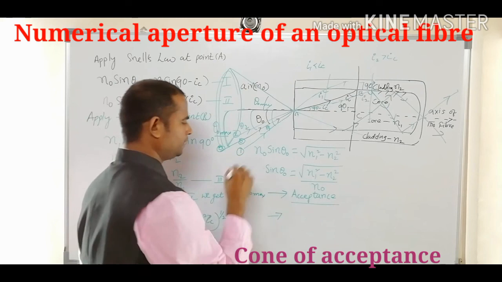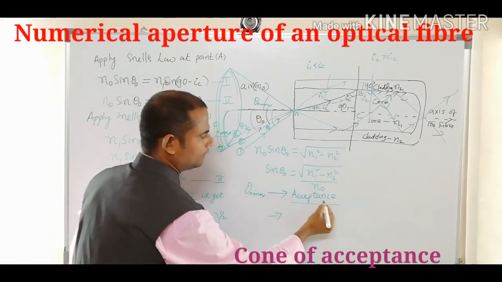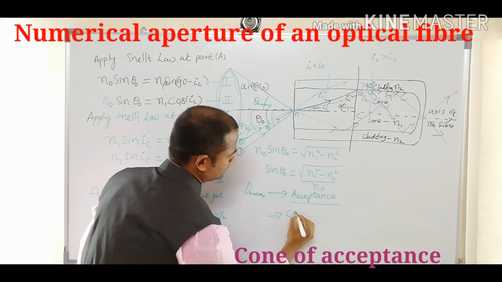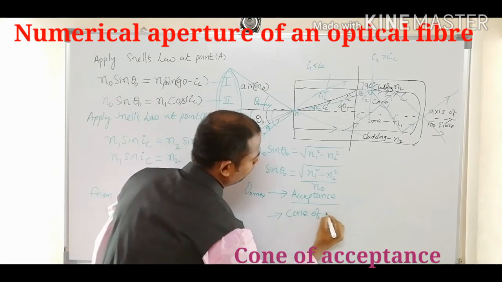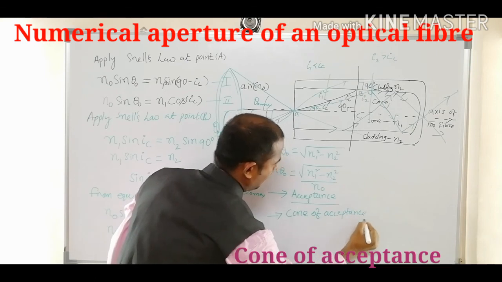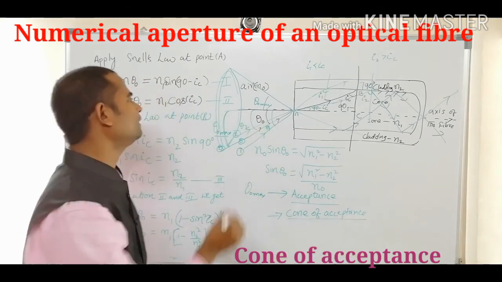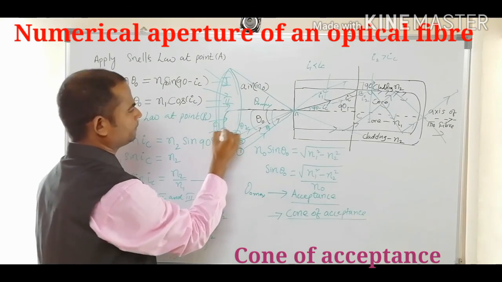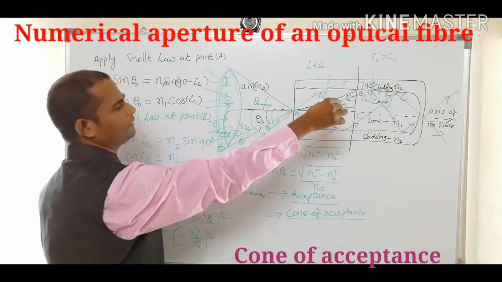In a solid form, in three dimensions, we can tell this as the cone of acceptance. Meaning, any ray which falls within the cone will reach the other end of the fiber.